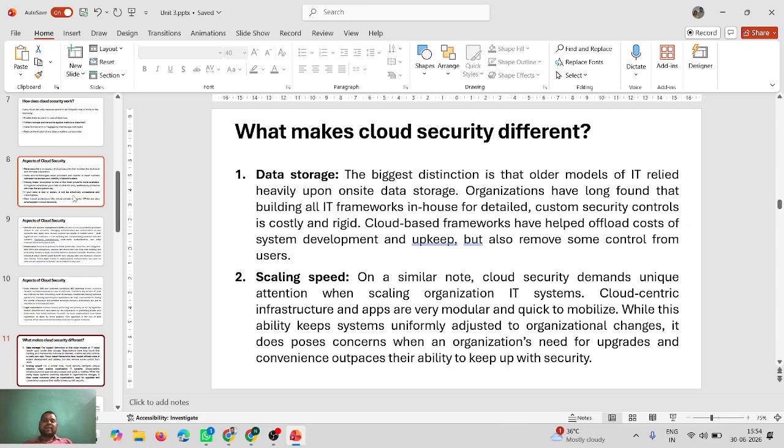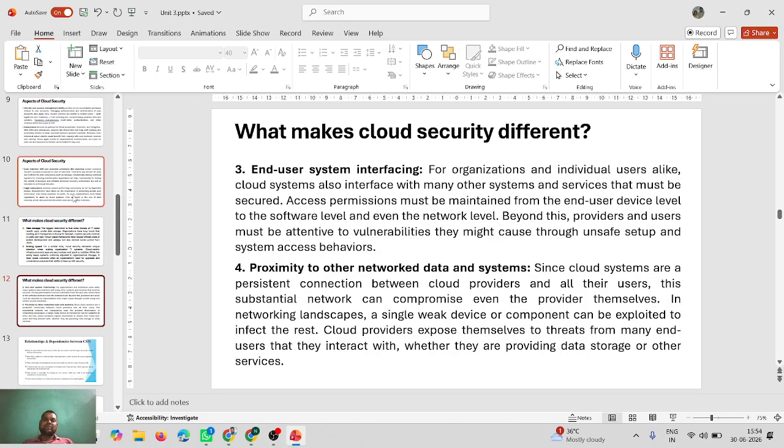And scaling speed. We need to access our data anytime, anywhere across the world, and quickly as well. So what kind of interfaces, access mechanisms, and methodologies are provided by the service provider to meet the customer requirement and end user system interfacing?